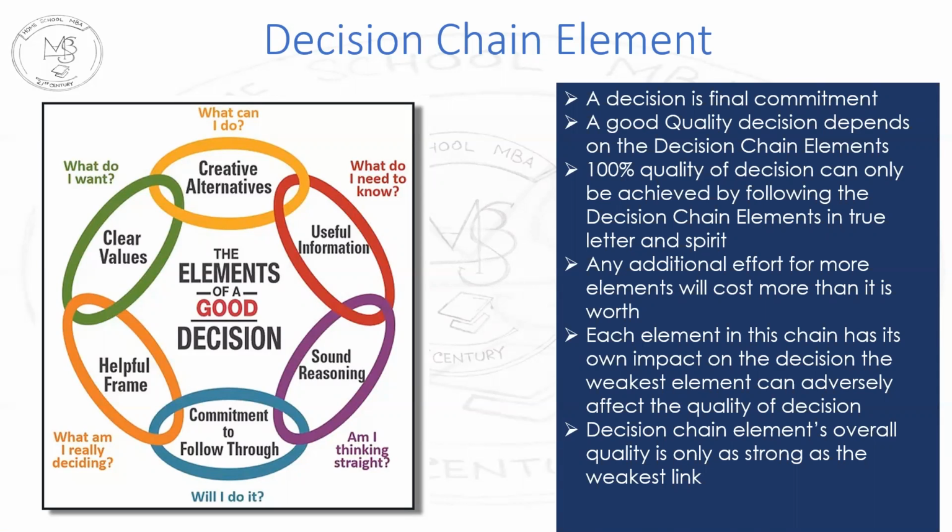Now, if you look at the diagram that you have made, very importantly, each element is connected with the other, which means that all these 6 elements have to be followed in a sequential manner, because one particular element missing or one particular element which is weak can ultimately affect the overall quality of the decision. That's what you mean.